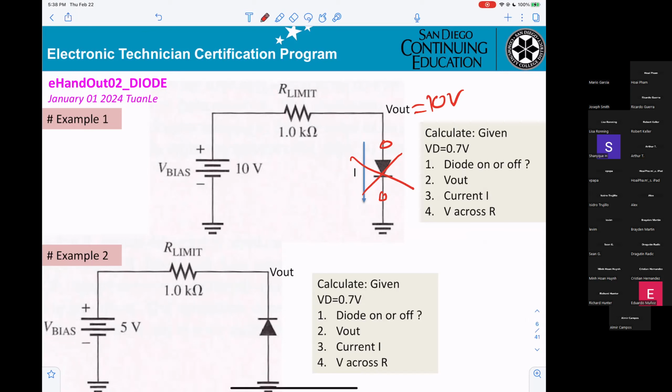And 10 volt is higher than 0.7. That's why you have to say the diode is on.